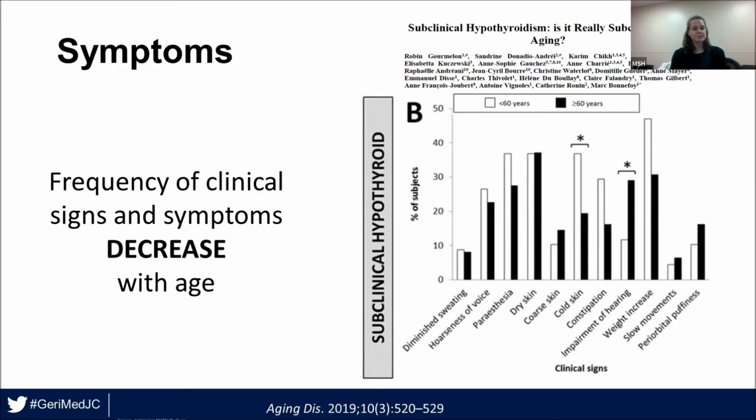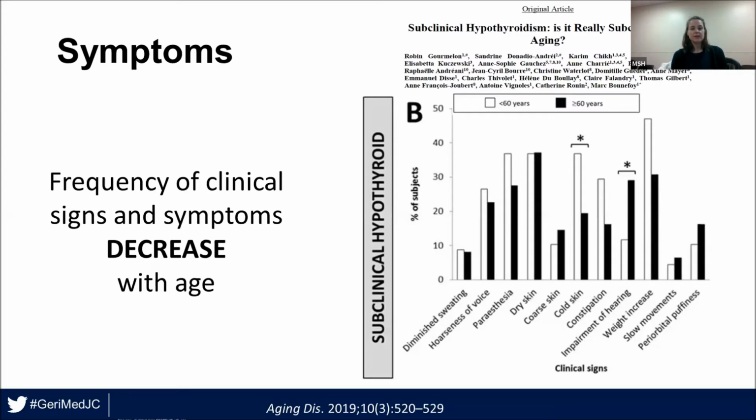So what about symptoms? This is something we think a lot about in our geriatric population. And this was a paper looking at subclinical hypothyroidism and symptoms in people under the age of 60 and over the age of 60. And they found actually that the frequency of symptoms decrease with age.